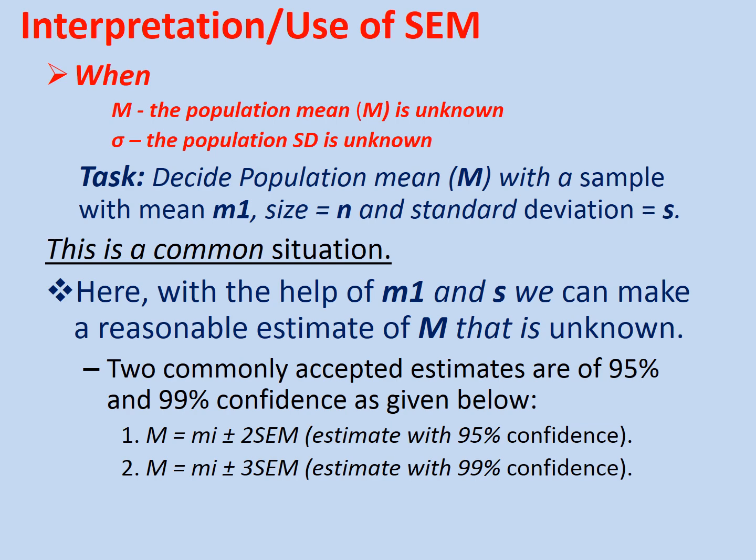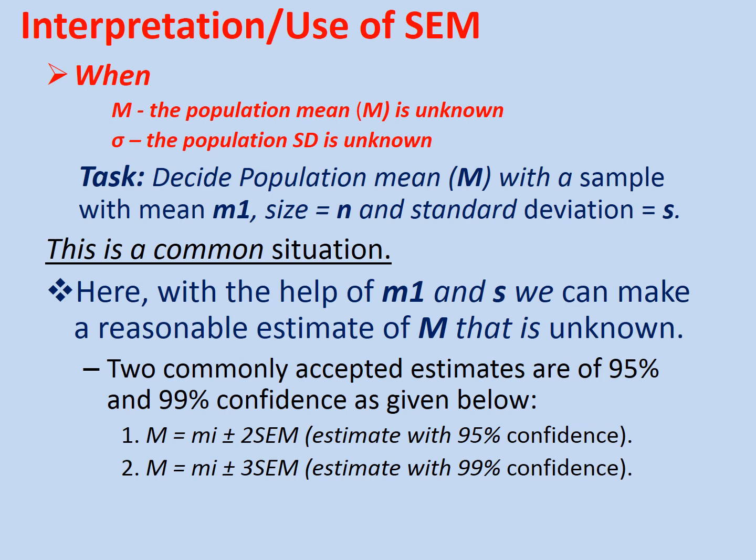If you take the 95% confidence limit, only 5% of values will fall outside that range, and if you take the 99% confidence limit, only 1% of the mean values will fall beyond that range.